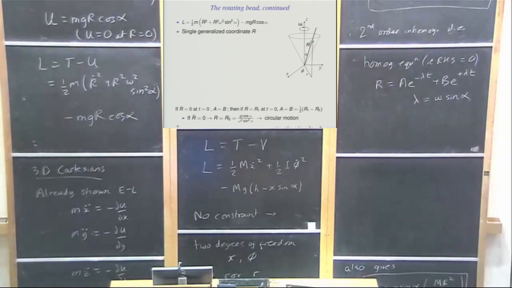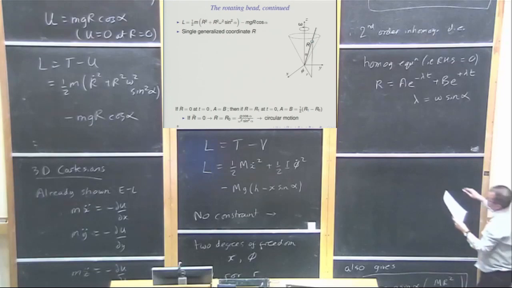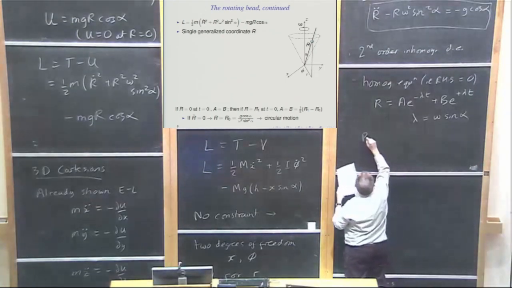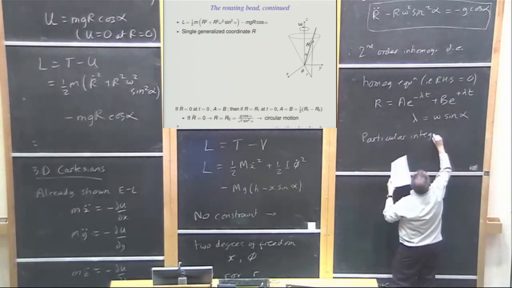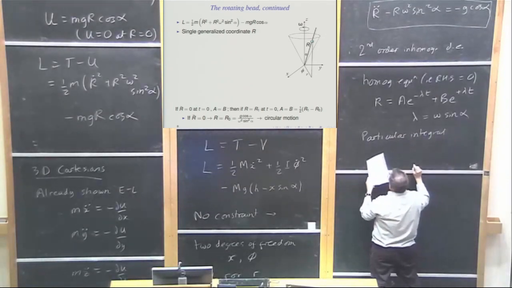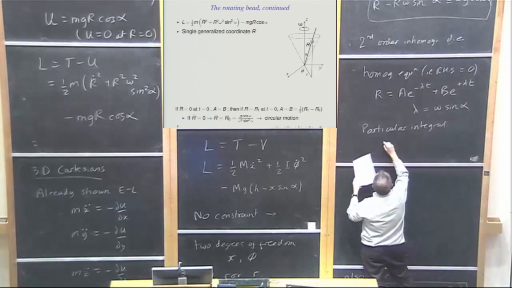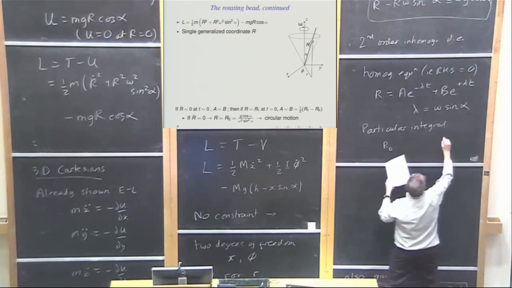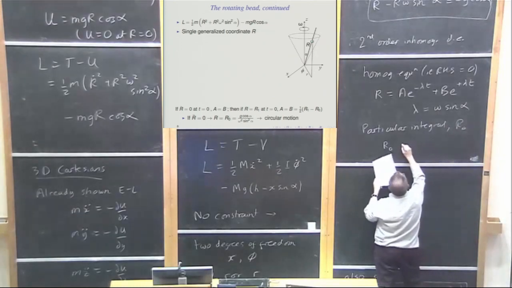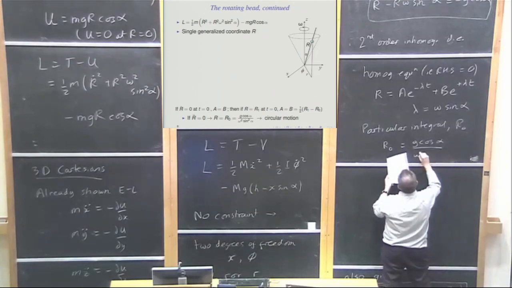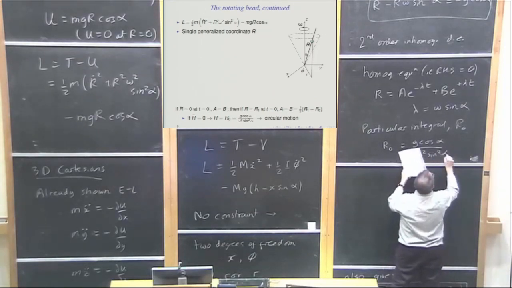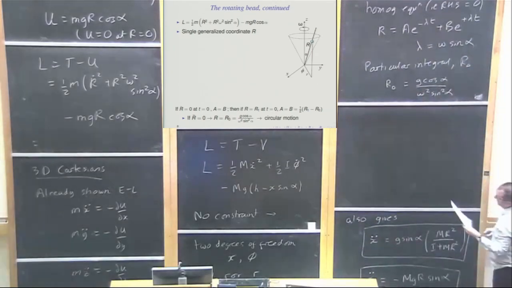But then we also need to work out the particular integral, which is some solution for r which trivially satisfies that. Let me call this solution r naught. This is just g cosine alpha over omega squared sine squared alpha. So you see it's a constant in the sense it doesn't depend at all on t.